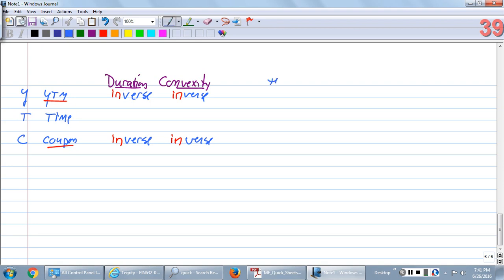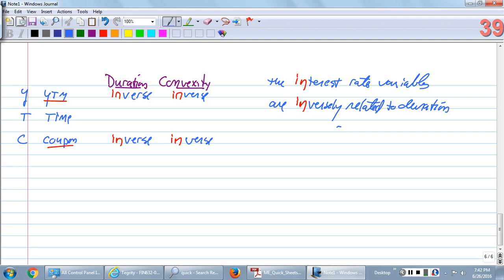Right, so I'm going to write: the interest rate variables are inversely related to duration and convexity.